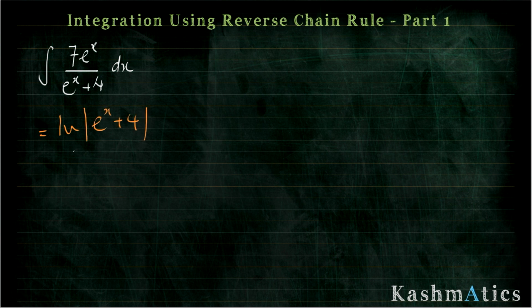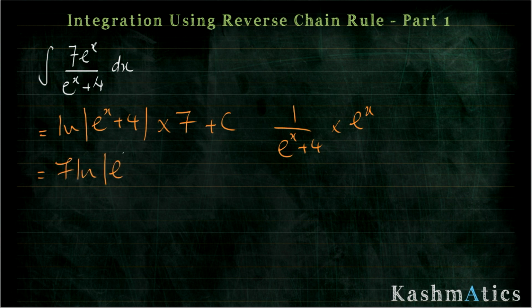Because if I was to differentiate this, I would get 1 over e to the x plus 4 multiplied by e to the x. So it's not quite what this is. So what I need to do is make sure I include that 7. So if I multiply this by 7, I'll get the correct answer. And don't forget your constant of integration. And to write that a little bit neater, it'll be 7 ln e to the x plus 4, add c.